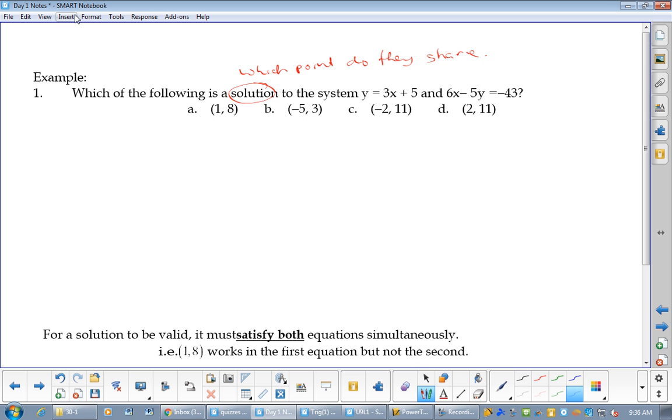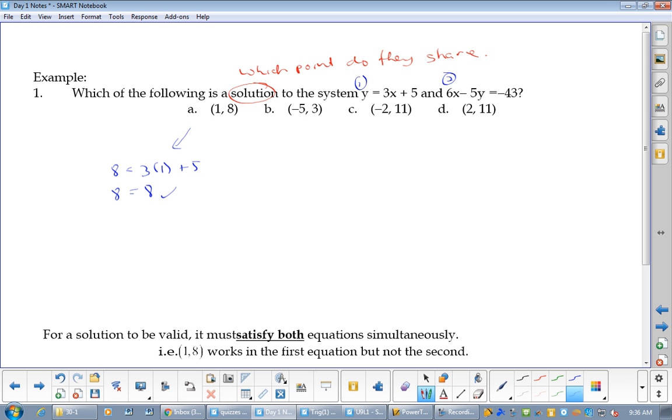Okay, so maybe let's just do this point together. Let's go. Does 8 equal 3 times 1 plus 5? 8 equals 8. Yes. Okay, now I'm going to try it into the, so that's equation 1.